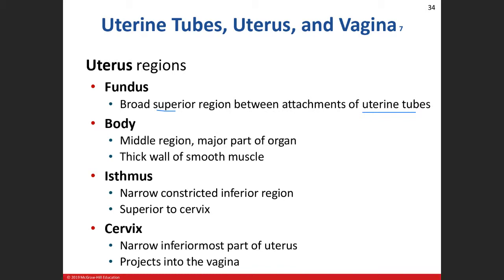That's that area where we start to see the tapering down of the uterus. And where it starts to get pretty narrow, that narrowing portion, that's the isthmus. And then at the inferior portion of the uterus is where our cervix is, right down here. And on the other side of the cervix is, of course, where the vagina is located.